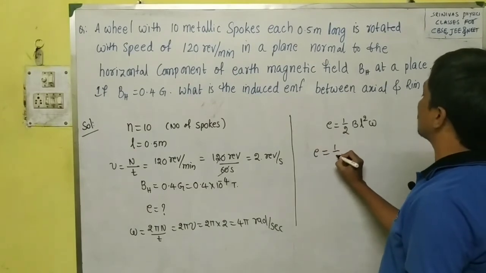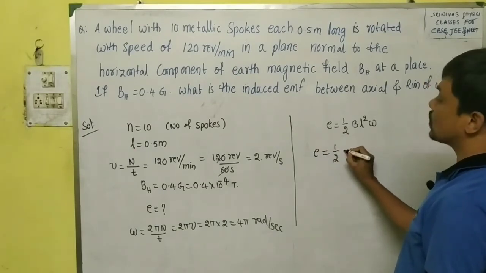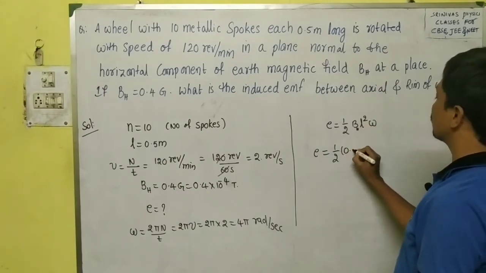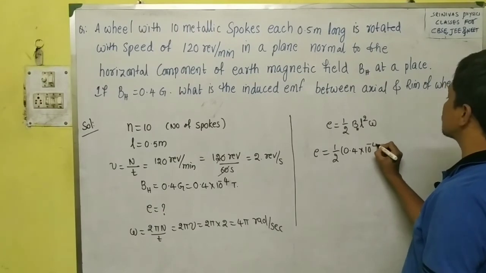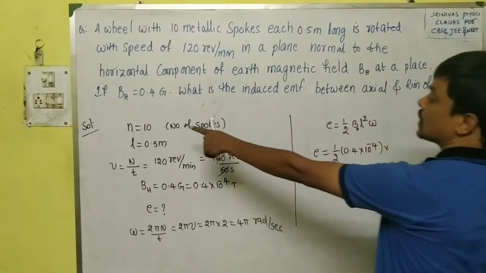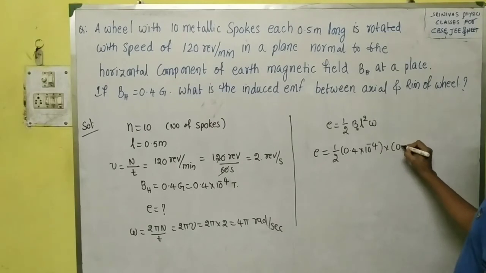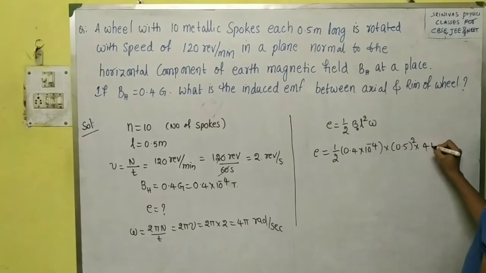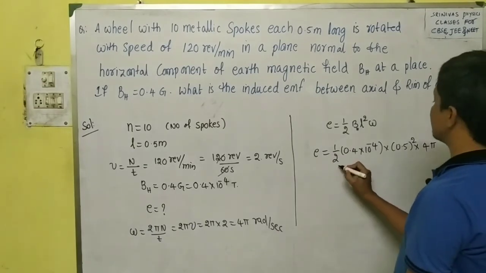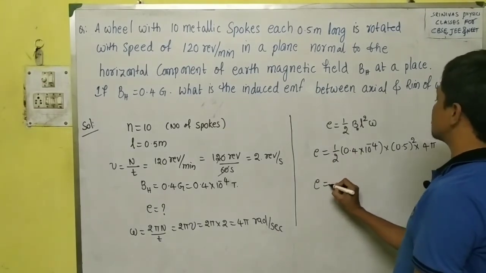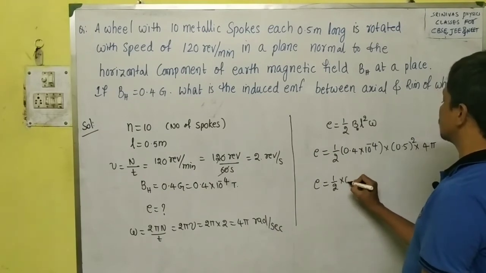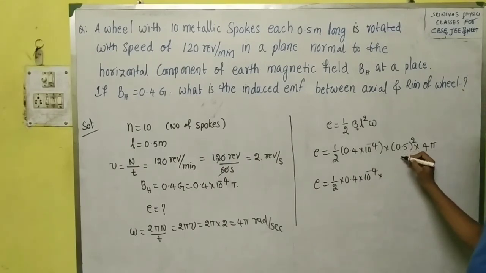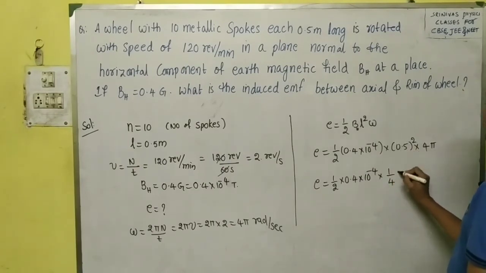Here we substitute all values. Induced EMF is equal to half B, where B is BH, which is 0.4 into 10 to the power of minus 4, into L square, where L is the length, 0.5 whole square, into omega, which is 4 pi. We have to simplify it. It is very easy: 1 by 2 into 0.4 into 10 to the power of minus 4, and 0.5 is nothing but 1 by 2, so we write 1 by 4 into 4 pi.